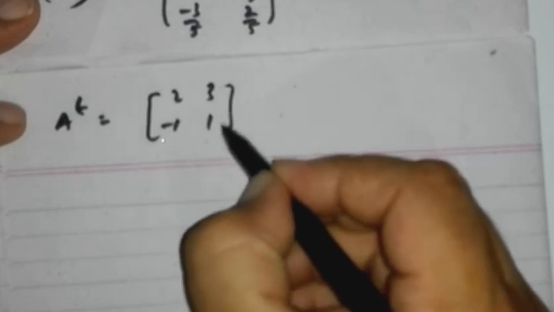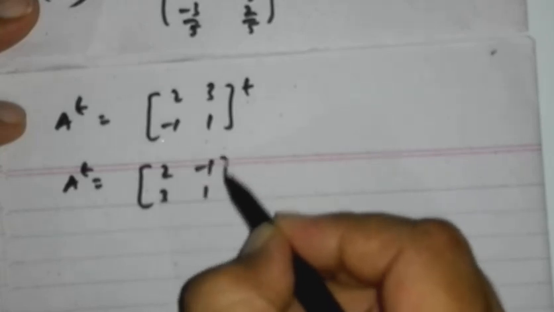Now on the right side, first we will find A transpose. 2, 3, minus 1, 1 transpose, we get 2, minus 1, 3 and 1.